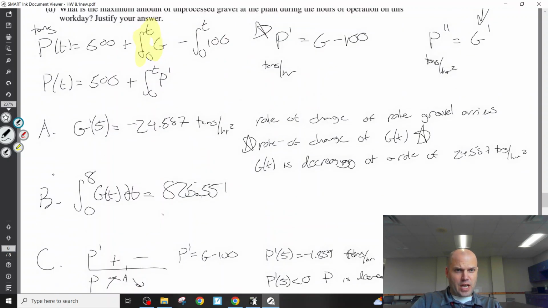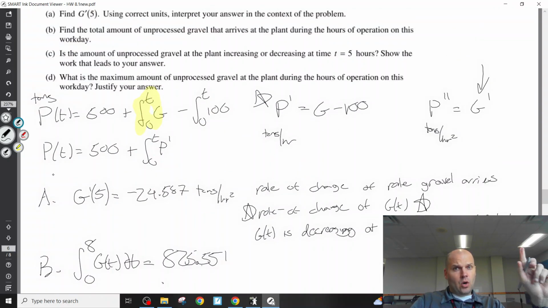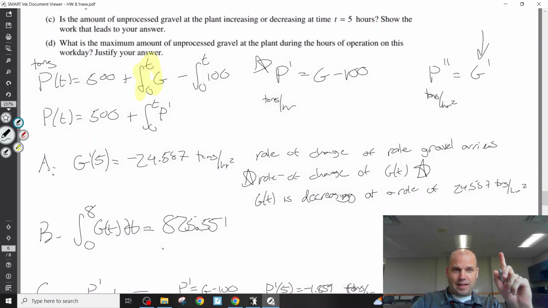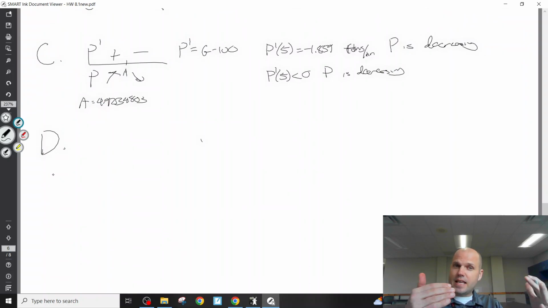Now, do they ask you for the time or the amount? What is the maximum amount of unprocessed gravel at the plant? Justify your answer. So I need the amount, okay? Here's option 1.